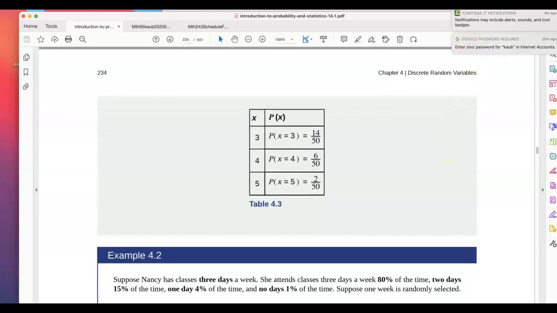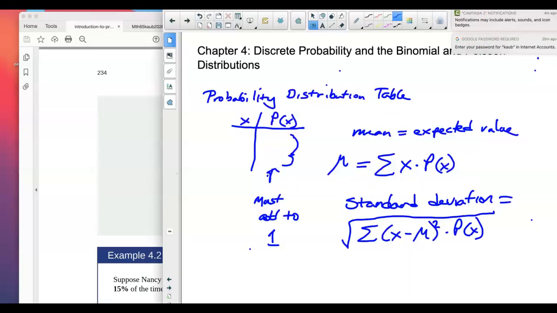Okay, so these are the formulas for the probability distribution tables. So remember, the x's are the values that you would put in the chart from the values of the problem. And these are the probabilities for each of those values. Now, in order to get the mean or the expected value, sometimes they call it the expected value.